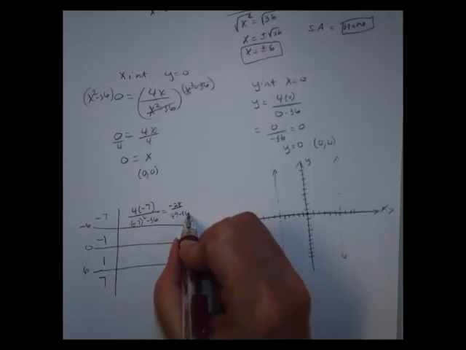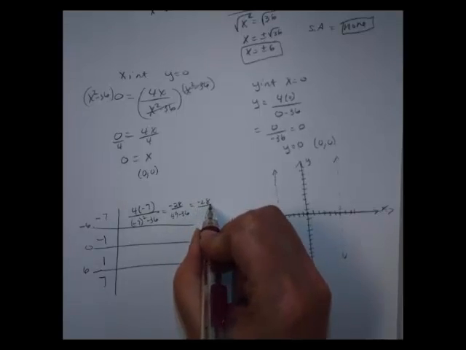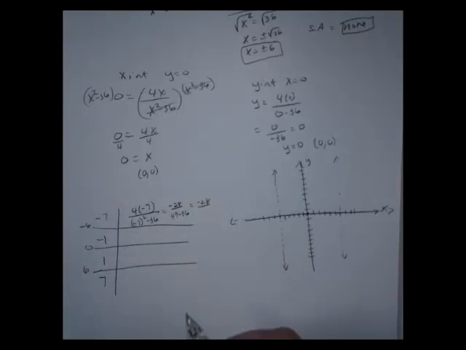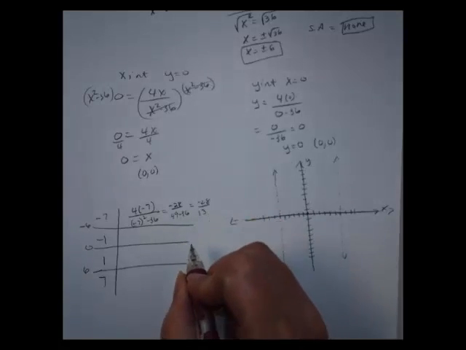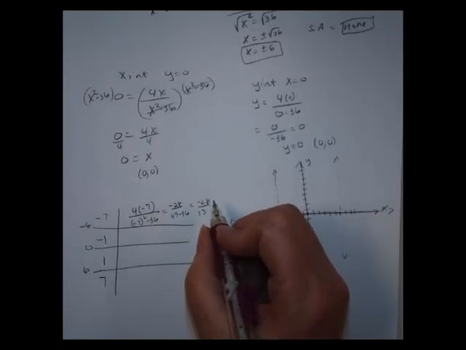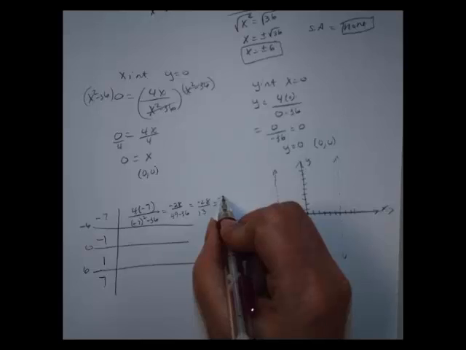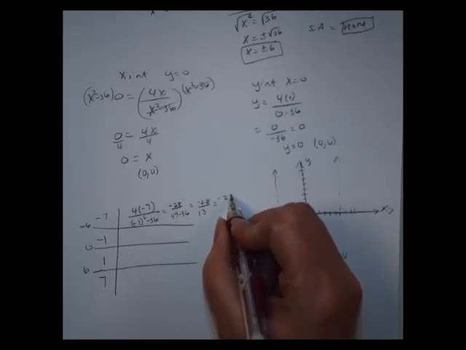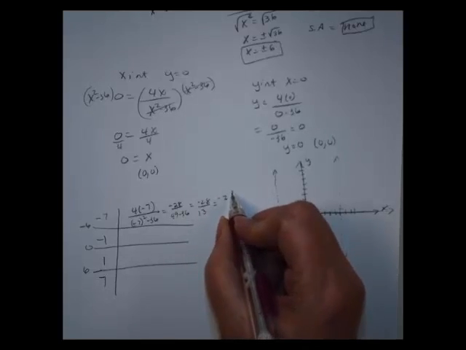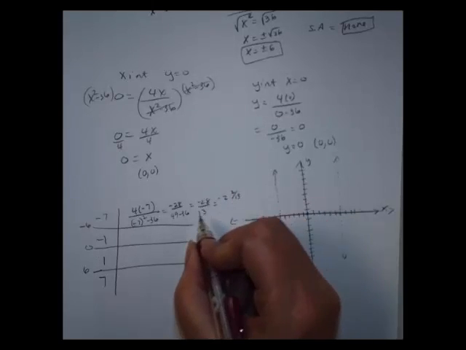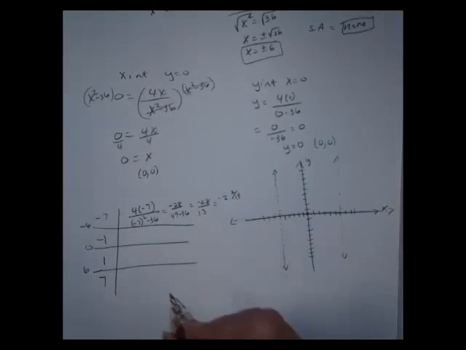Then minus 36, so -28 divided by 49 minus 36, which is 13. This is approximately -2 and 2/13. Divide 13 into 28 and that's what you'll get.